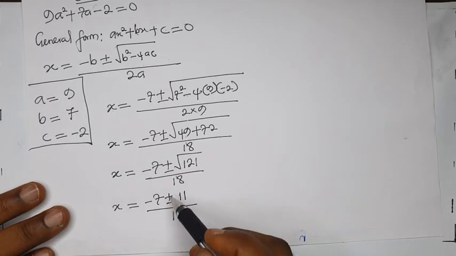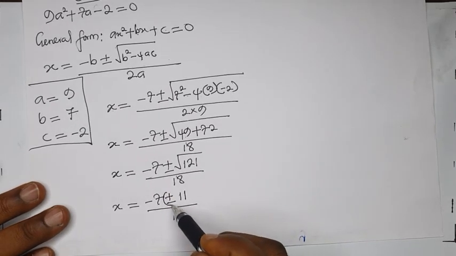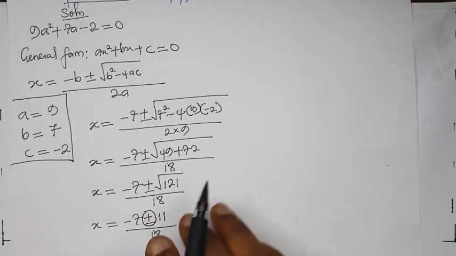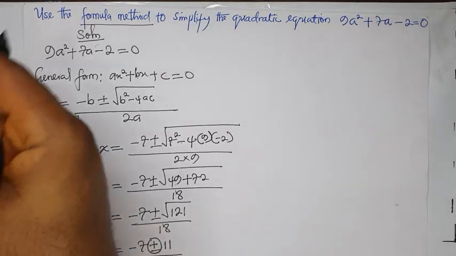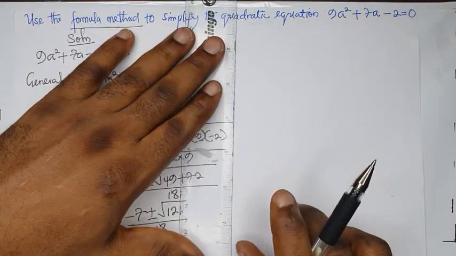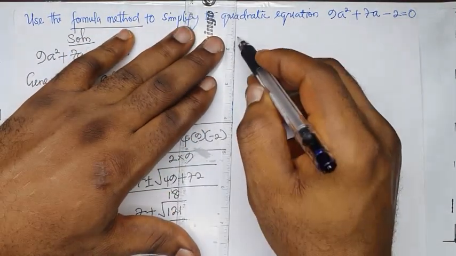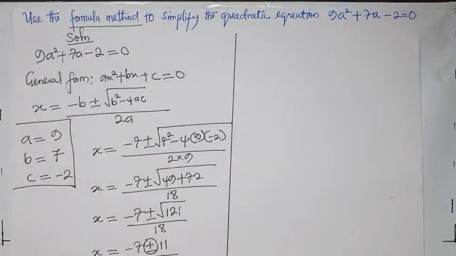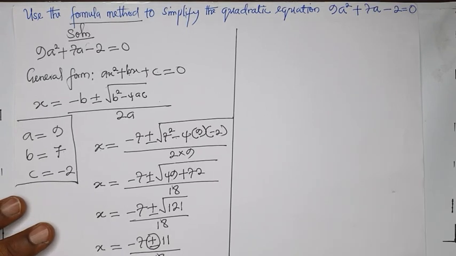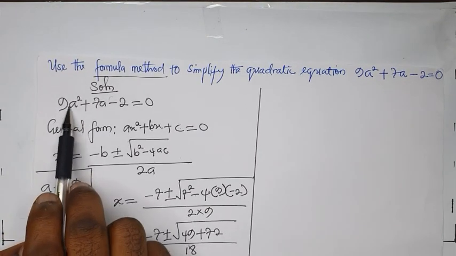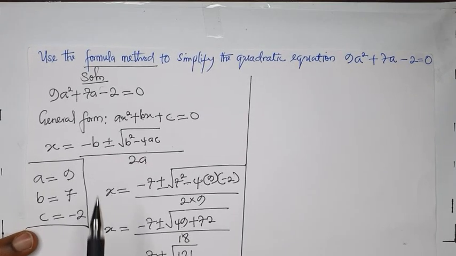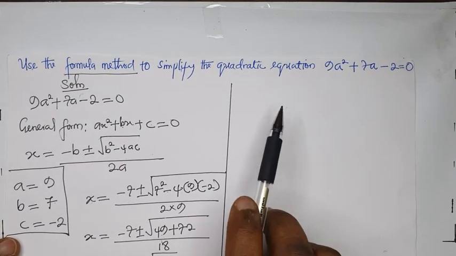Now it is time to simplify this sign which you have at the middle bearing positive or negative. What this implies is that it can either be a positive at the middle, that is adding 11, or a negative subtracting 11. So I'm going to split this problem in two parts, and it is also the right time to substitute a, the variable we are looking for, instead of x. So I'm going to use a instead of x in writing this.